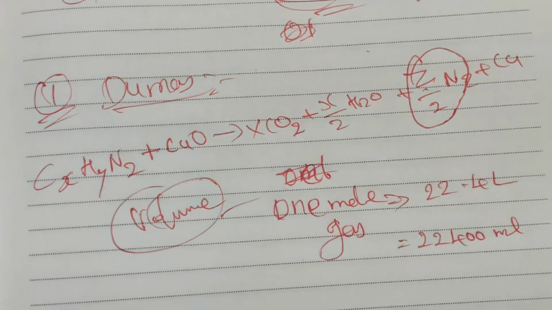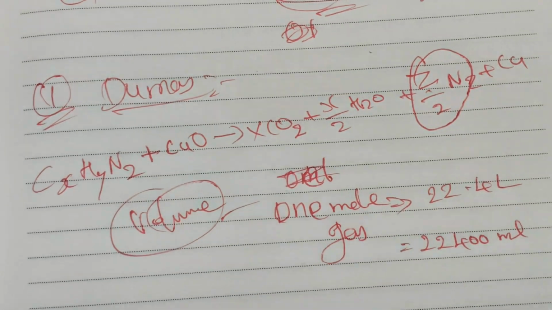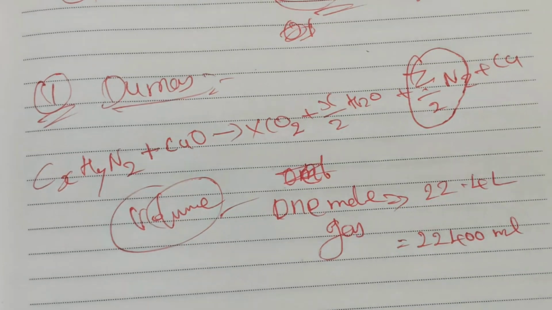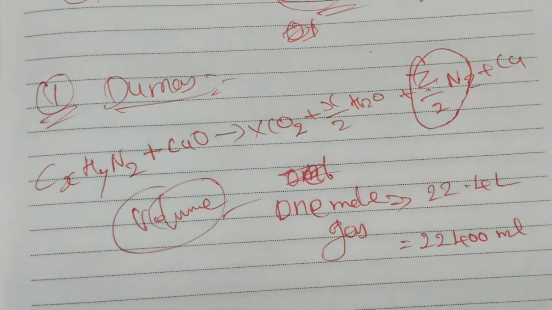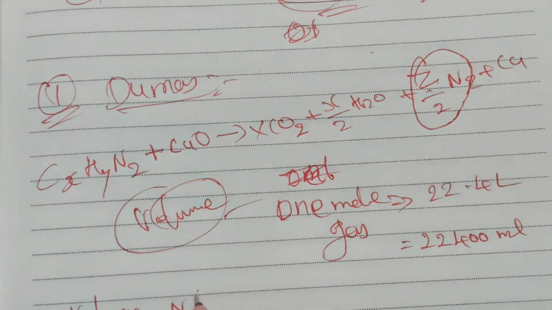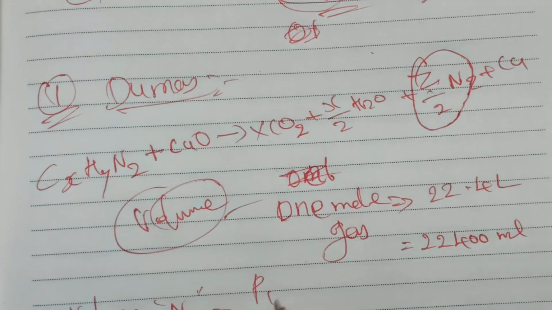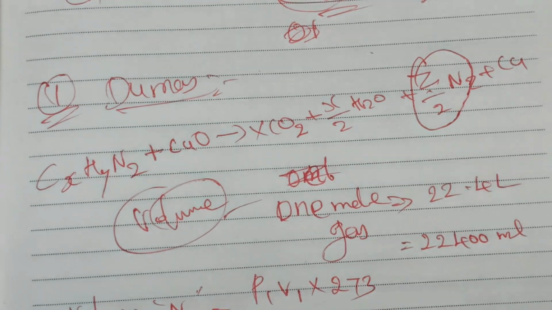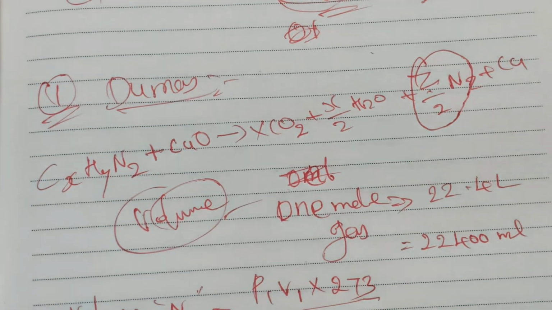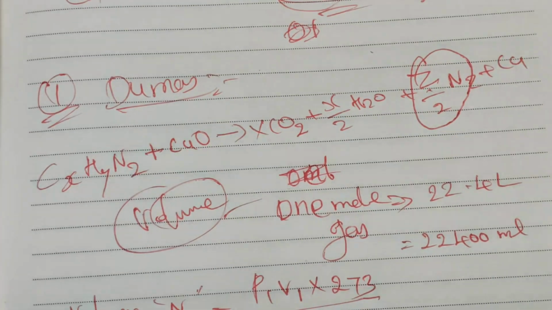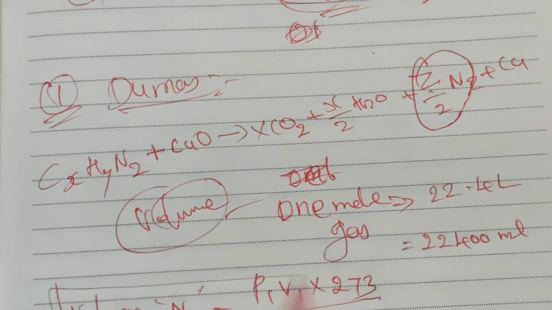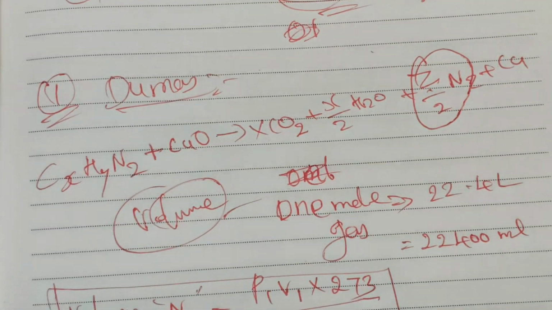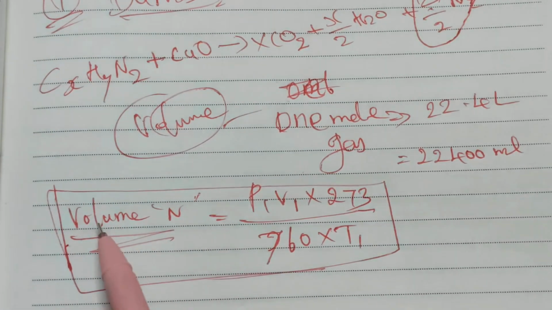Taking the organic compound containing nitrogen, we can find the volume of nitrogen, which is equal to P1V1 into 273 divided by 760 into T1.